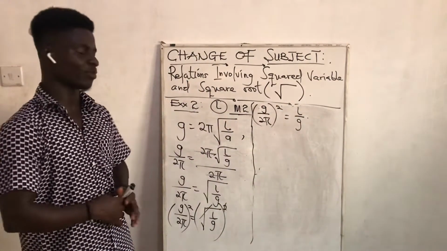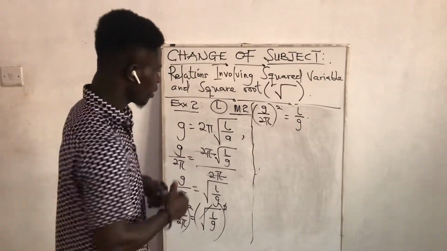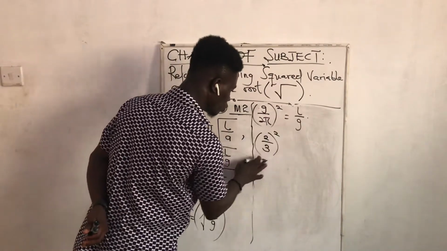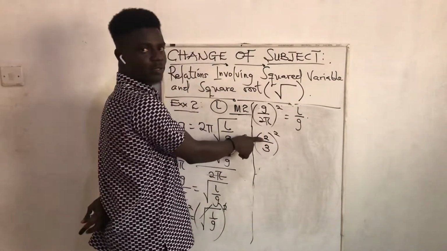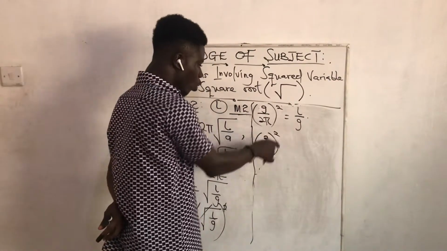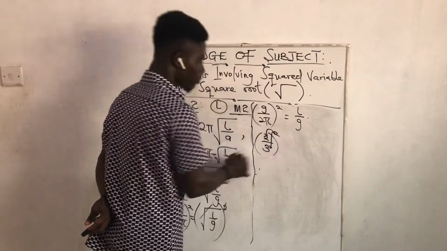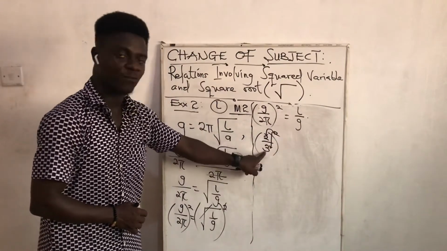Very, very simple. So how will we continue? Now, watch here. If you have 2 on 3 all squared, these two affect the 2 here, and these two also affect 3.